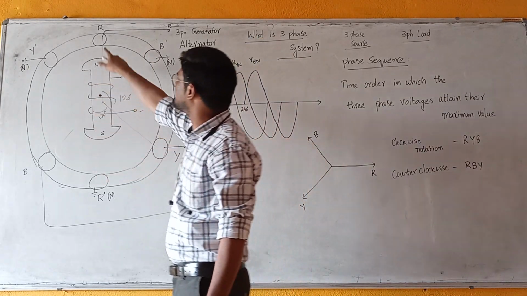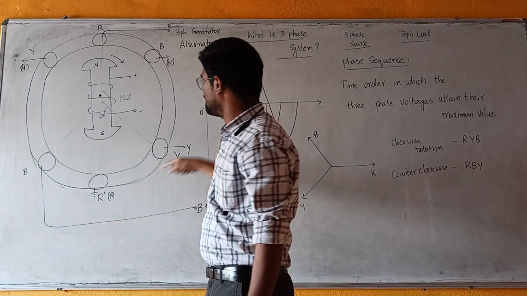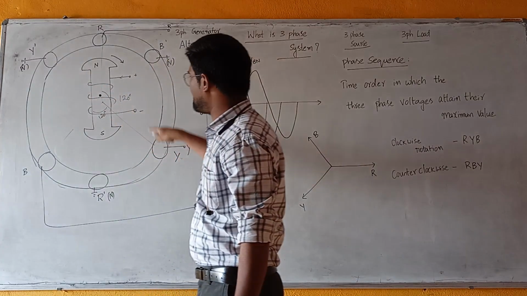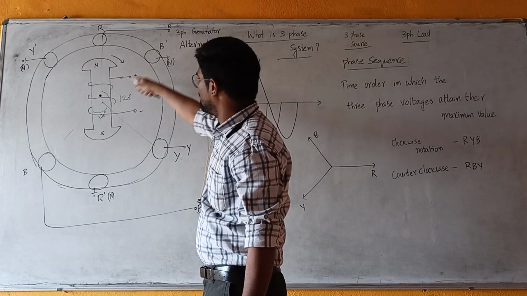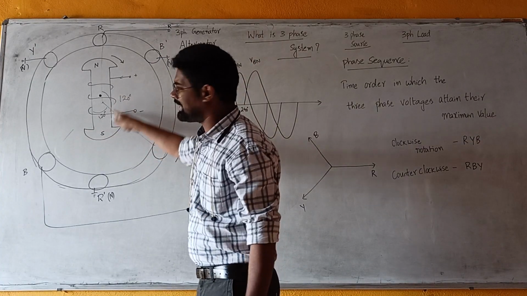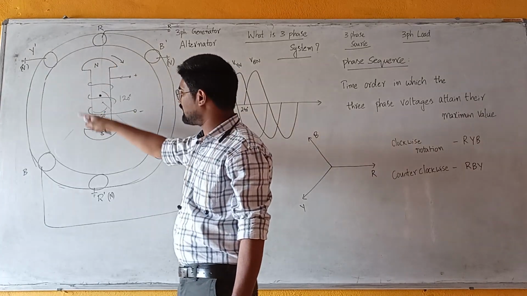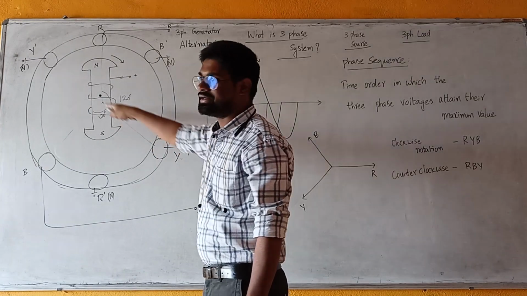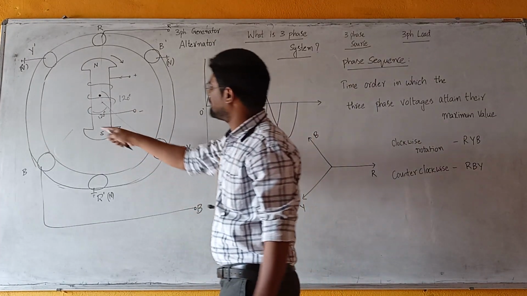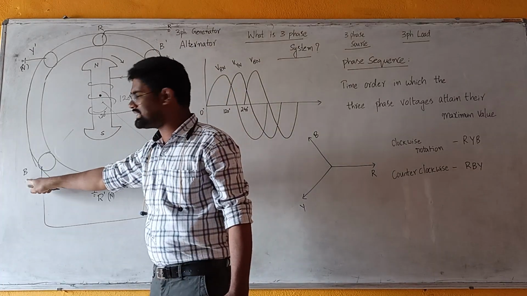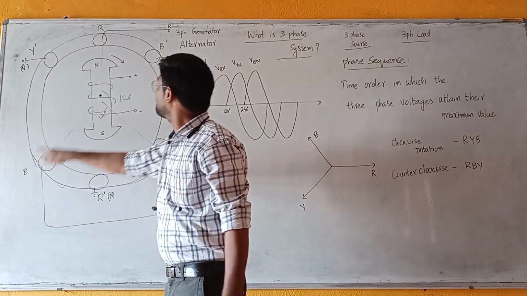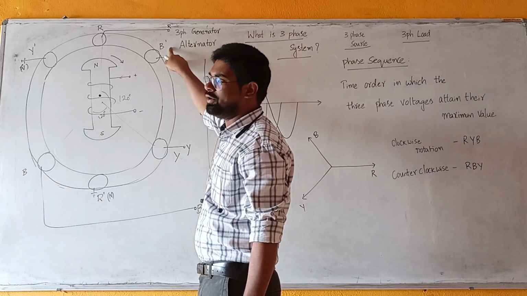So of the 3 windings, the R set of winding and Y set of winding are placed at an angle of 120 degrees, and the B set of winding is placed at an angle of 240 degrees with respect to R, or 120 degrees with respect to Y. For the third set of winding, B is the starting point and B dash is the ending point.